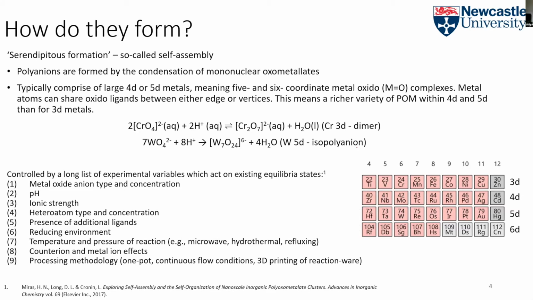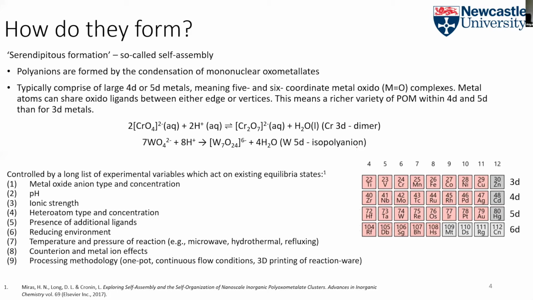Basically, what controls their formation is your experimental conditions. You effectively have a load of different equilibria going on, loads of different complicated reactions in solution all taking place at the same time. What you want to do is control what you put in to control what you get out, by acting on these different equilibria.